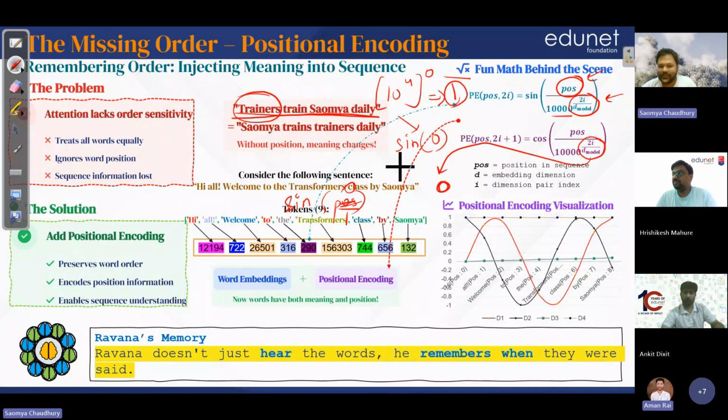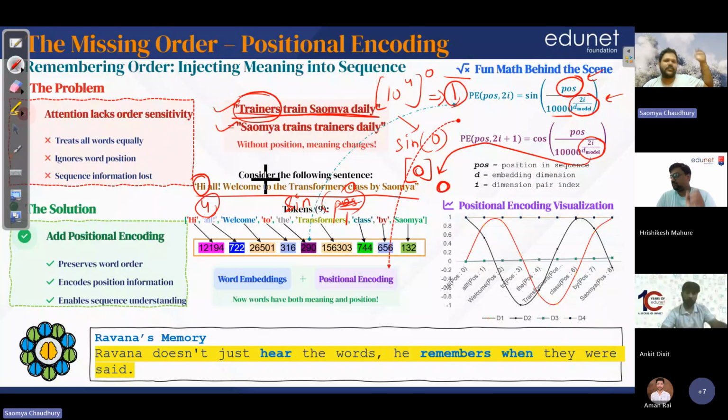It is 0. Exactly. So irrespective of whatever lines I take, you see, trainers train Saumya daily, and there is another one which I've taken here: Hi, all. Welcome to Transformers class by Saumya. For the first word, hi, for easy representation, I'm taking 4 dimensions.